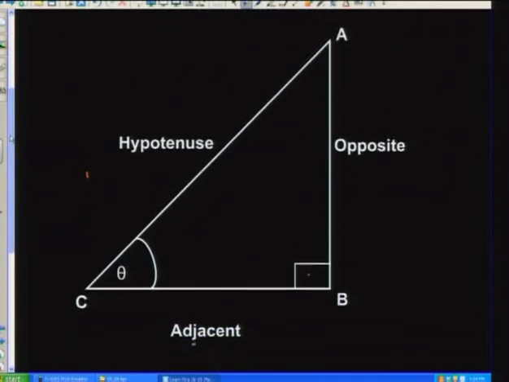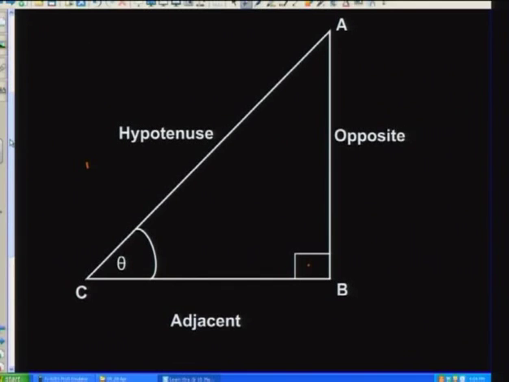And the position of the angle will enable us to work with two special sides. The two sides that we refer to are labeled as either an opposite side or an adjacent side to the angle.